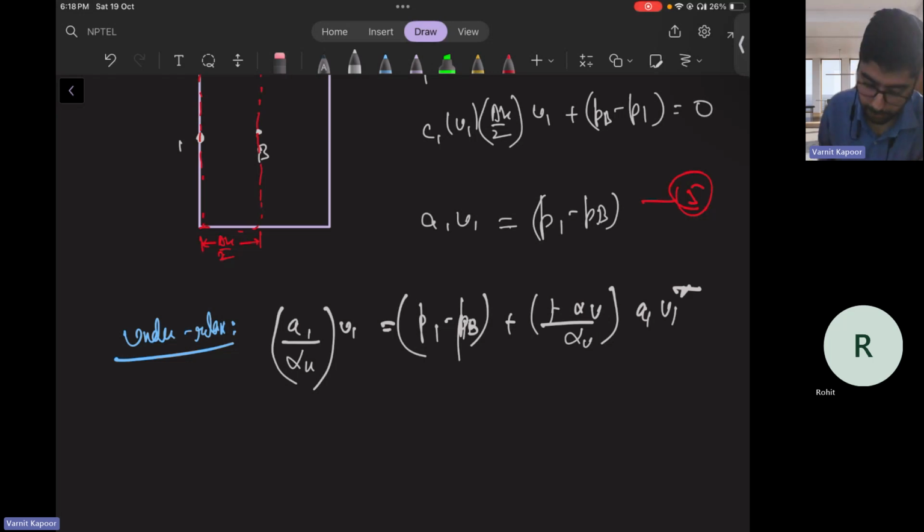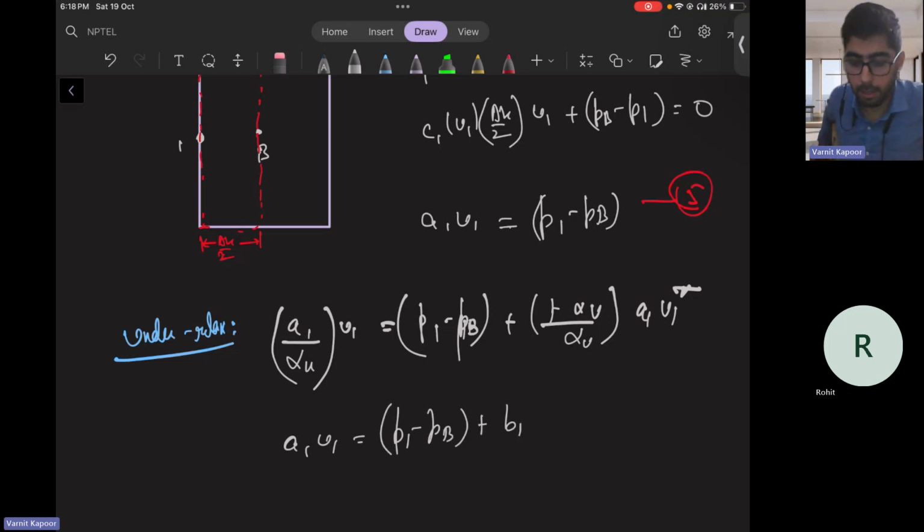The equation will be A1 U1 is equal to P1 minus PB plus B1. So this is your equation number 6. We have got an equation that is basically a discrete momentum equation written for the boundary half cell with centroid 1. This is equation 5, and we have done the under-relaxation. This is equation 6.